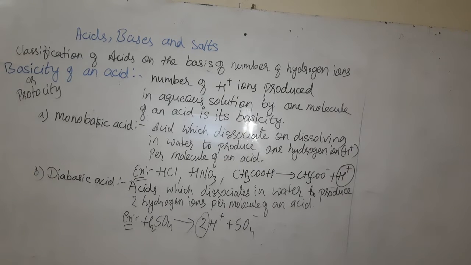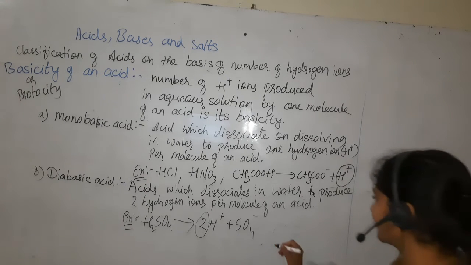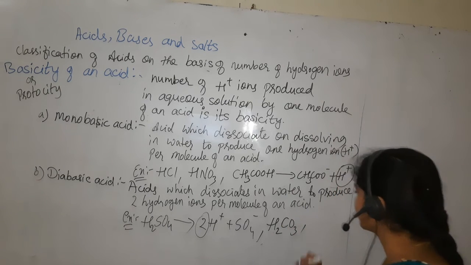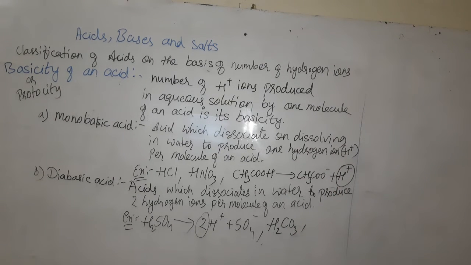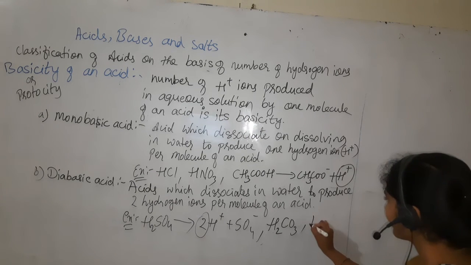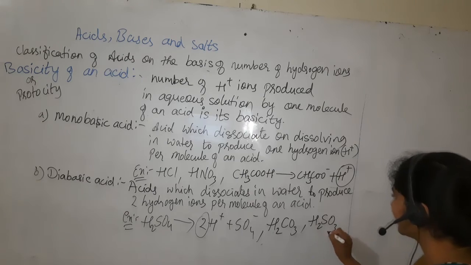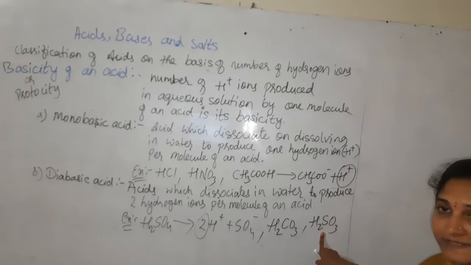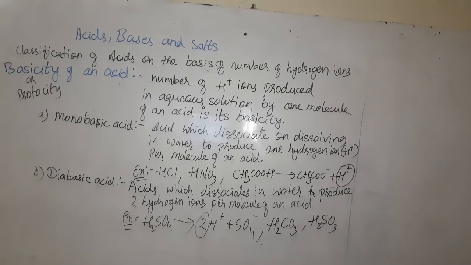Another example is carbonic acid, that is H2CO3. And write another example, H2SO3 also. These are a few examples of dibasic acid.